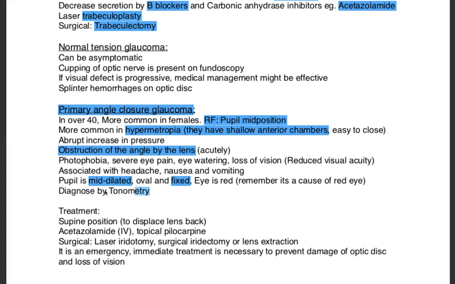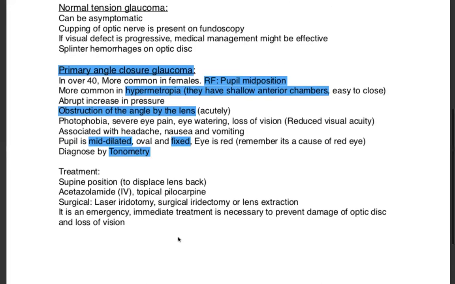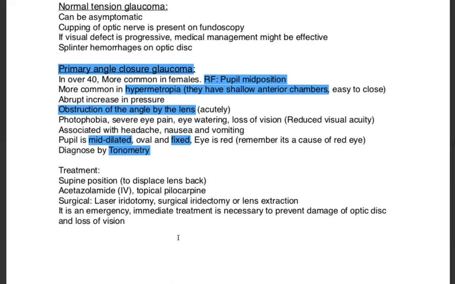وآخر شيء الdiagnosis بيستعمل حاجة اسمها tonometry to measure the intraocular pressure. هنلقى إنه it's very high. This is pretty much you need to act very fast. أول حاجة بنحط البيشنت in supine position to displace the lens back. تاني بندي زول acetazolamide IV.